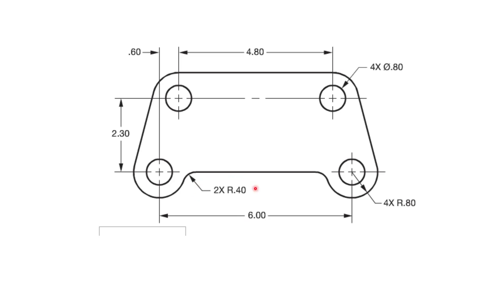The last type of callout here is 2x, radius 0.40 inches. So we see one here, and by implication, this one is over here. You'll note also that the arrows have slightly different ways of looking at things. This arrow here is just pointing towards this circle, whereas this one here, the arrow comes from a center point and comes out.